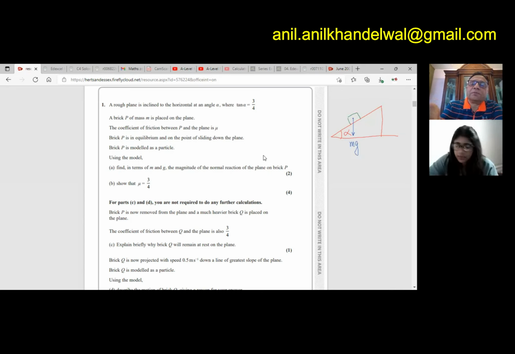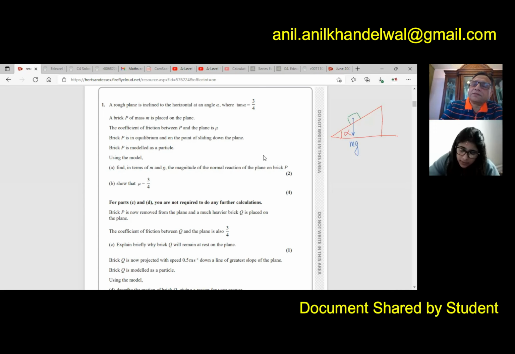Yes, the reaction will be perpendicular, so reaction will be like this. The other forces acting on it are mg sine alpha and mg cos alpha.